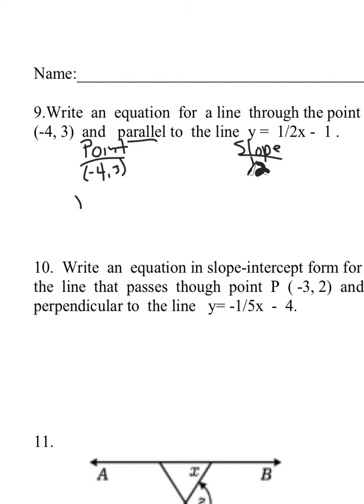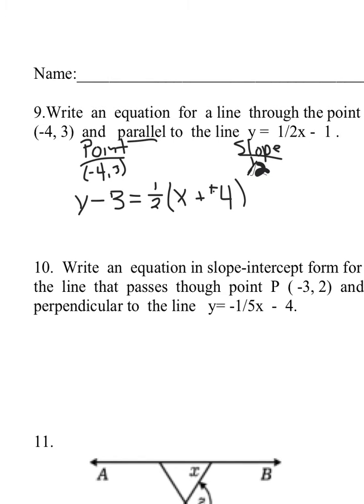Plug it into the equation. y minus y sub 1, which is 3, equals slope 1/2 times x minus x sub 1. That becomes plus. Anyways, so 2 steps from here, right?